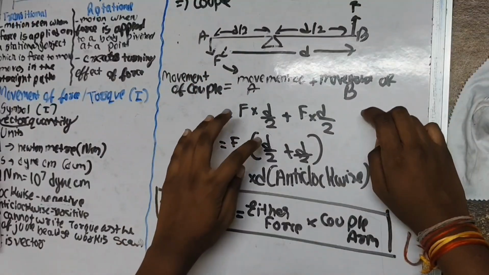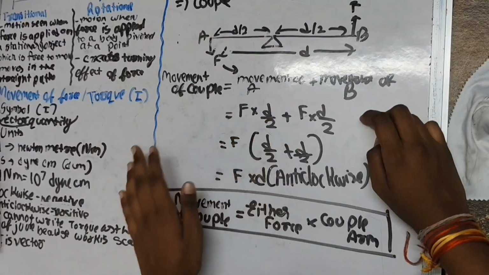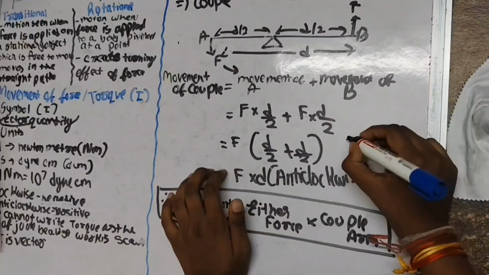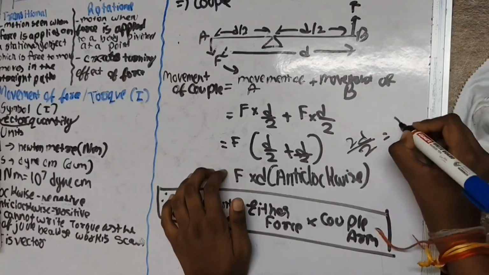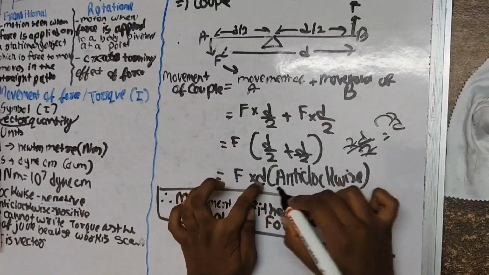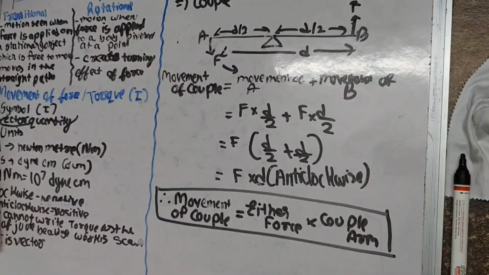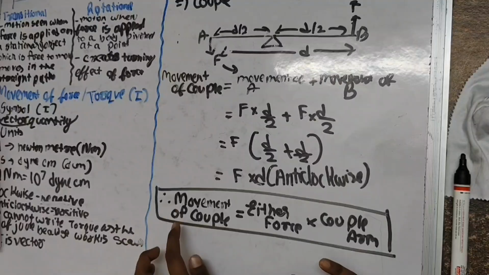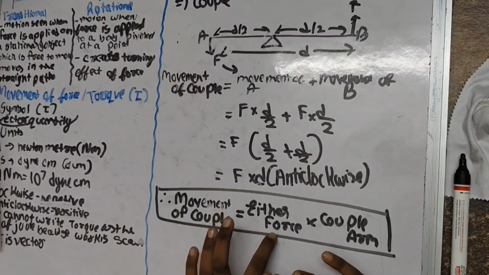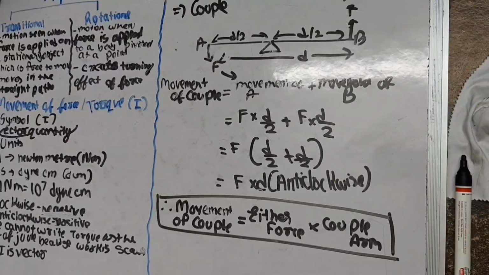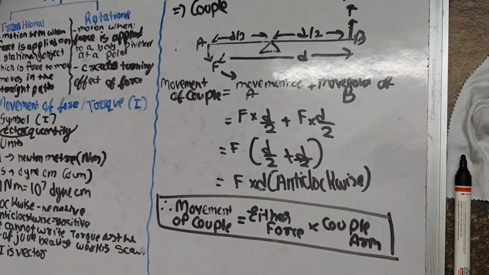F into D upon 2 plus D upon 2, which gives 2D upon 2. 2 gets cancelled, so it is D. And it is an anti-clockwise motion. Therefore we say moment of couple is equal to force into couple arm. If you understand this, the rest of physics becomes easier.